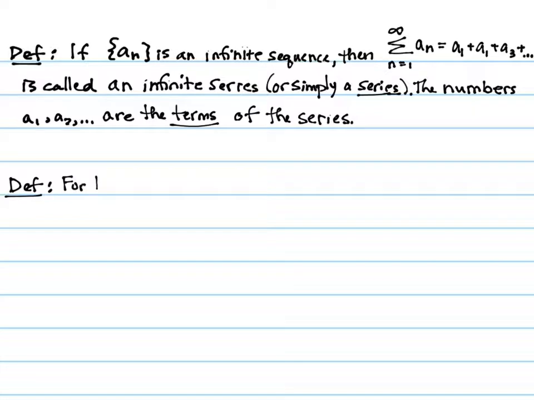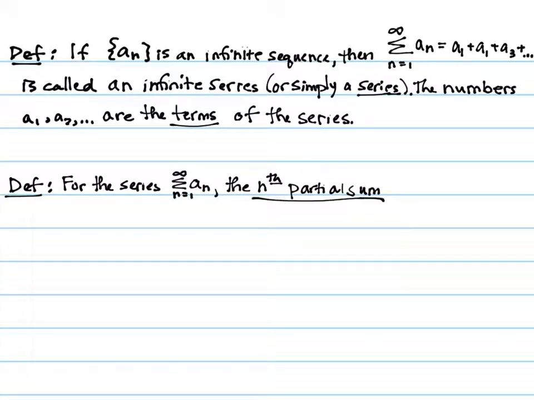So for the series, the nth partial sum is S sub n equals a1 plus a2, and we would stop at a sub n.